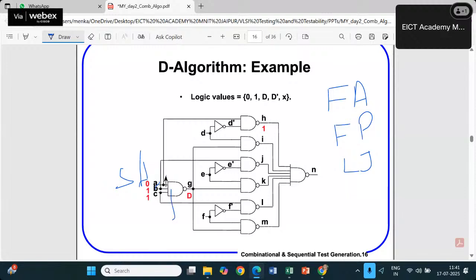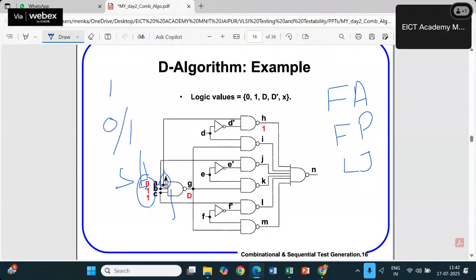Since this is a NAND gate, for the NAND gate we will apply all the other inputs as the non-controlling value. So for NAND gate and AND gate, the non-controlling value is 1. That's why all of these inputs are 1. Right? Now just look at this. The actual input is 0, but the faulty value is 1.